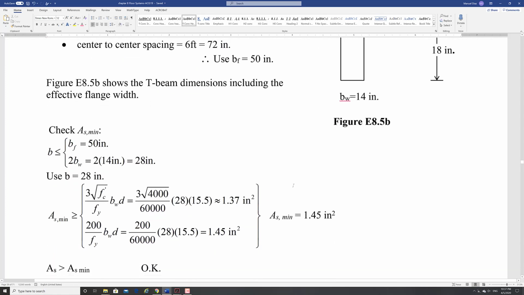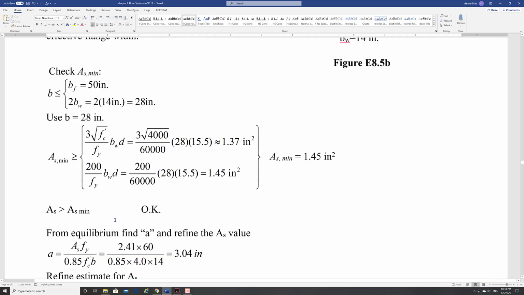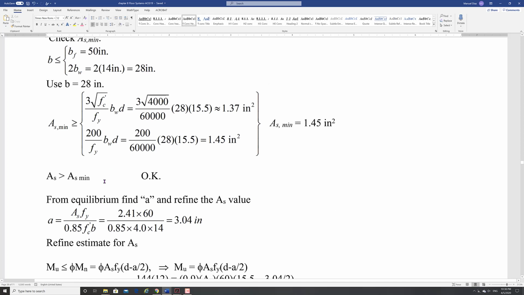Now, the reason this is done and you get a higher value for these cantilevers is that there were failures before due to the minimum amount of steel, using just the 14. Because if you use 14 here, you get very low values, half of this. And so that happened not to work, and so we bump it up this way. That prevents any potential failure.